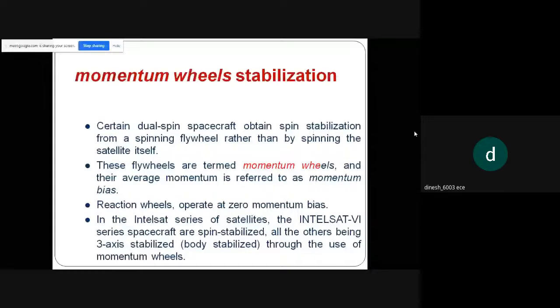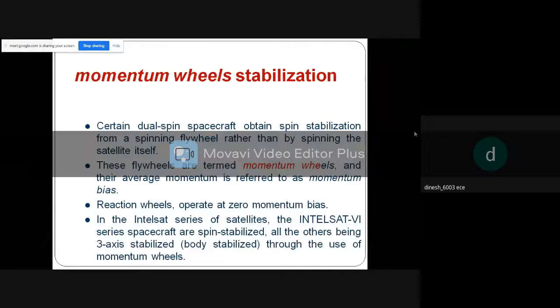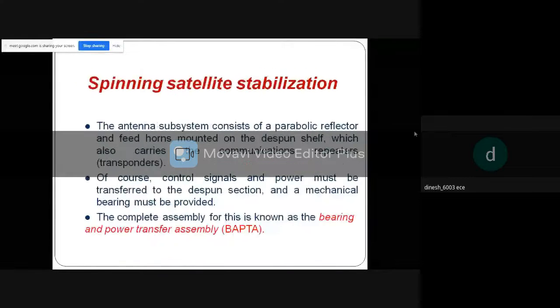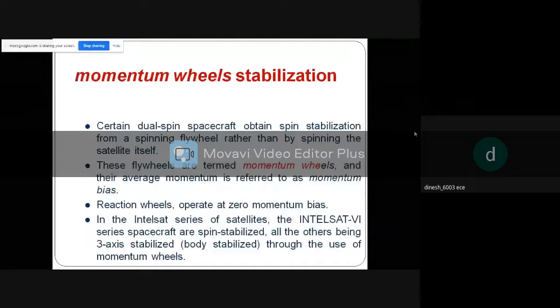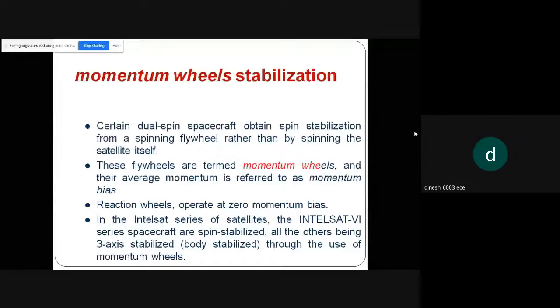So next we have momentum wheel stabilization after the spin. Spin satellite stabilization, we have momentum. So certain dual spin spacecraft obtain spin stabilization from a spinning flywheel rather than spinning of the satellite itself.